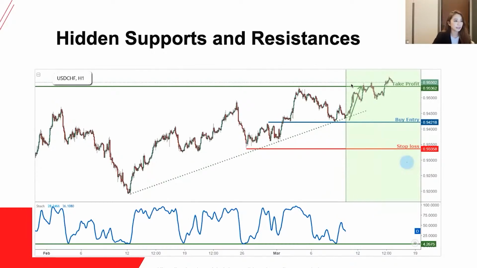So we can mark this 4.2675 as a support in our resistance. And over here we are looking at a potential push up in stochastics, which also means there is a likelihood of support that has been bounced off on the stochastics indicator.